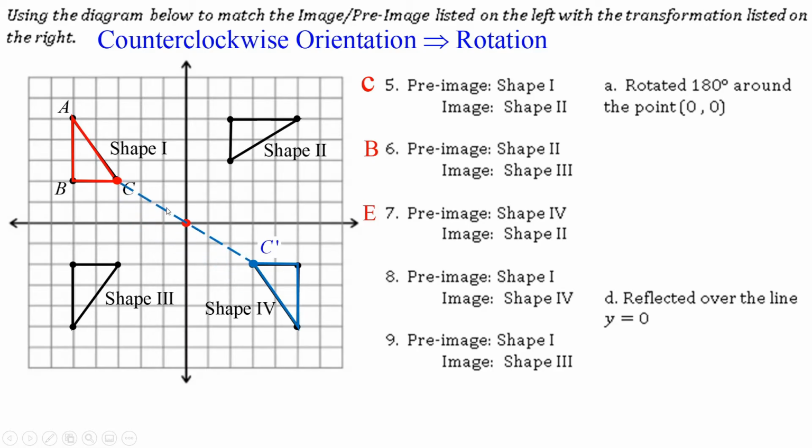And look at this angle right here. Does that look like 180 degrees? And notice, rotated 180 degrees, they don't have to give you counterclockwise or clockwise because it's the same either way when your angle is 180 degrees. So the answer to 8 is A.